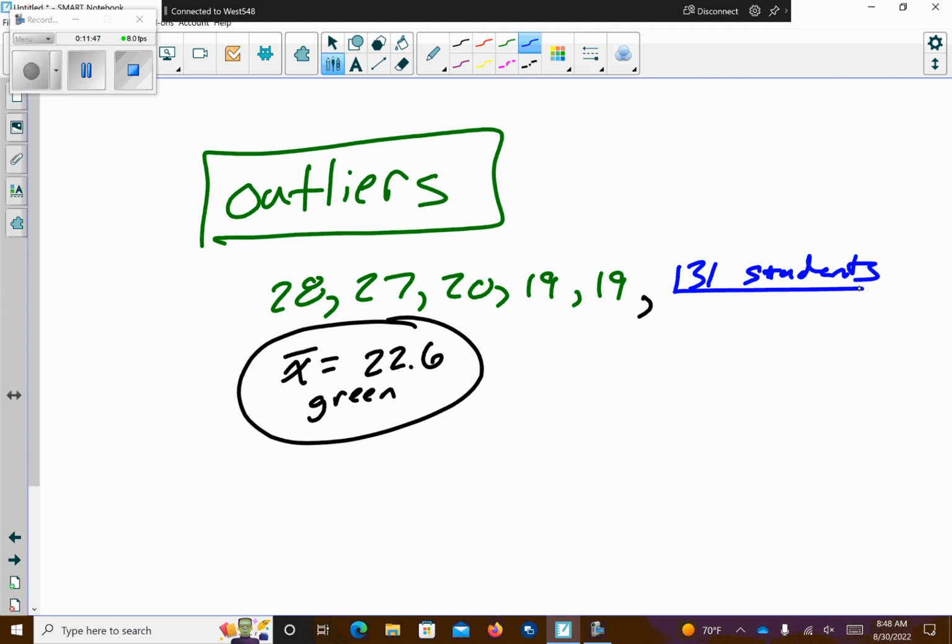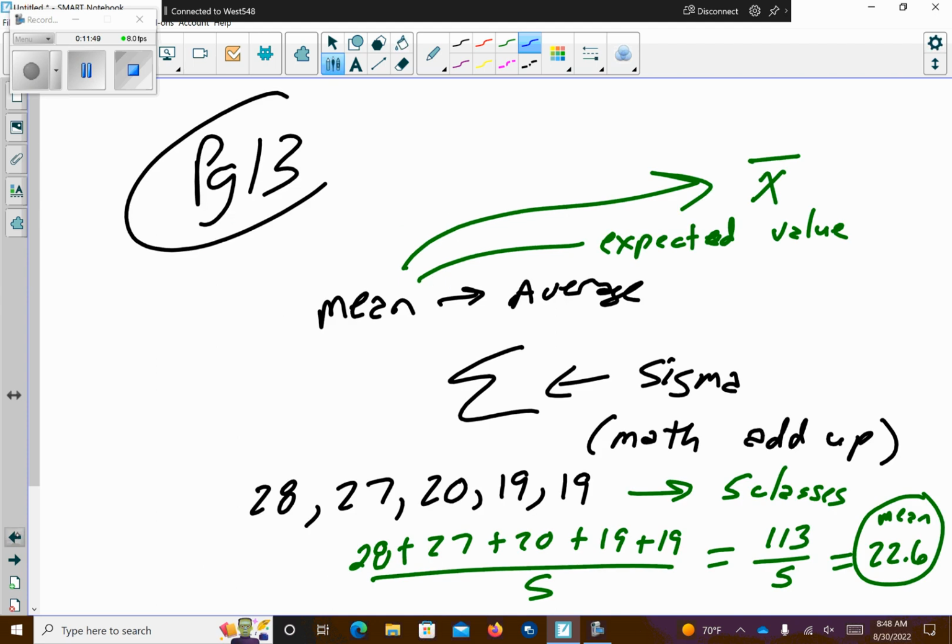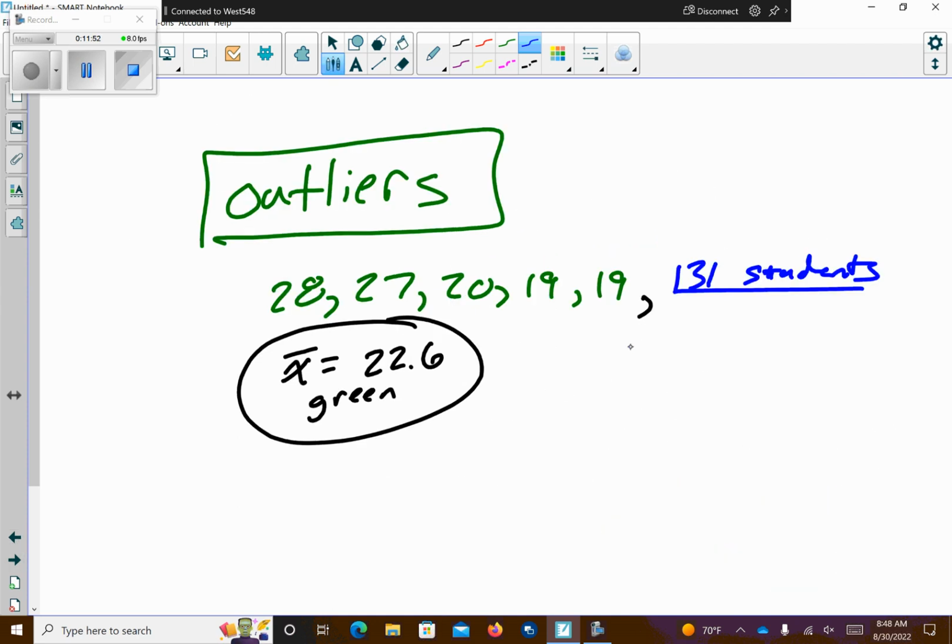So originally we had 113, which is what our green data adds up to. Now we're going to add 131, and we're going to divide by 6. What is 113 plus 131? 244.